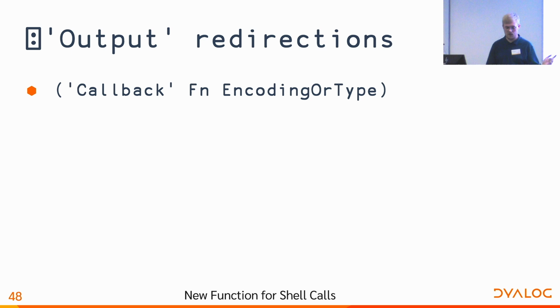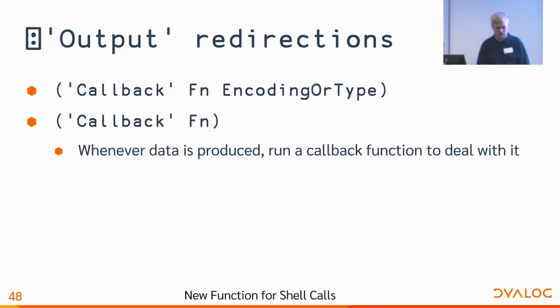Then we have this special one where you get a callback every time there's some output instead. So that actually allows you to handle the output that's produced while Quad Shell runs. Obviously it requires that, I think, Quad Shell should run in a different thread so that you have a chance to deal with it. And you specify an encoding or the type of the data, how it should be handled, and pass to the callback function.